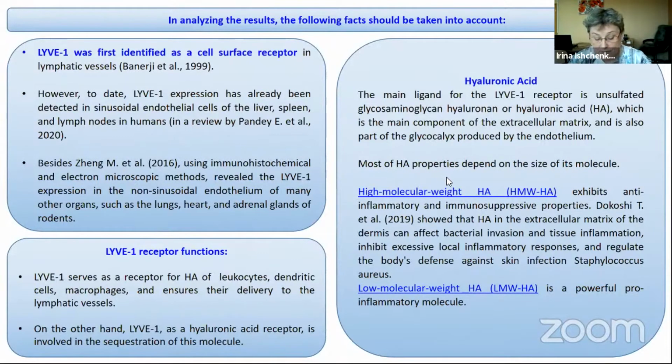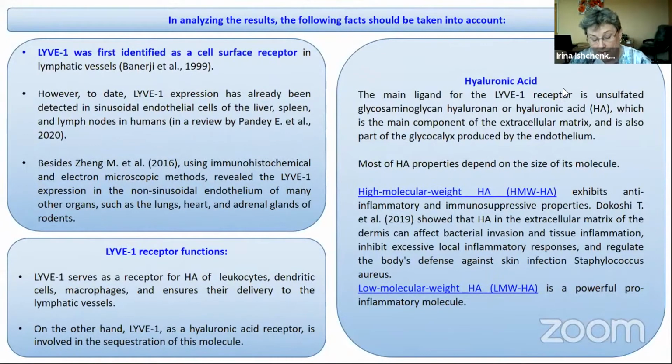As for hyaluronan, the main ligand for the LYVE-1 receptor is hyaluronan, or hyaluronic acid, which is the main component of the extracellular matrix and is also part of the glycocalyx produced by the endothelium.